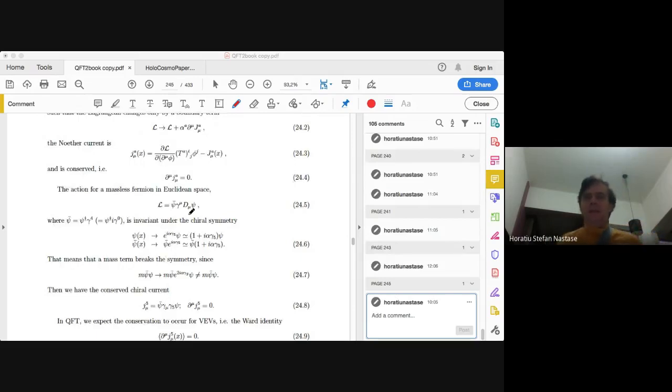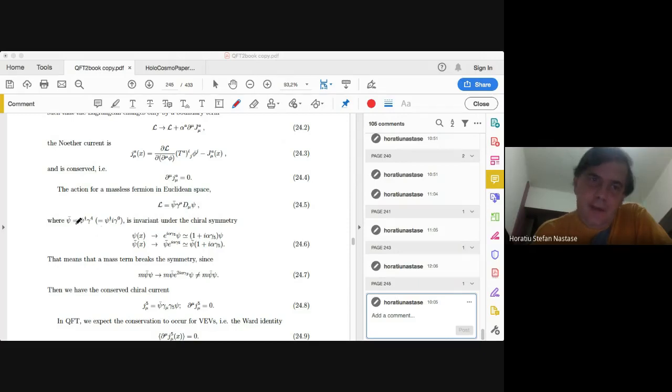The specific case that we're interested in is the case of free massless fermions interacting with a gauge field. Specifically, let's go to Euclidean space, and then the Lagrangian would be psi bar gamma mu, covariant derivative D mu, meaning del mu minus i e A mu, times psi.